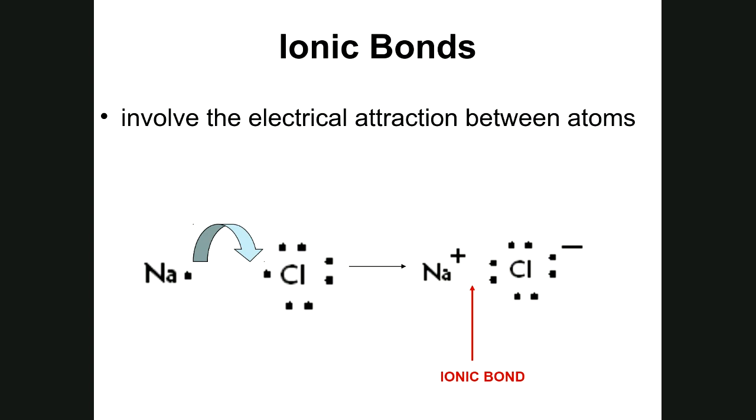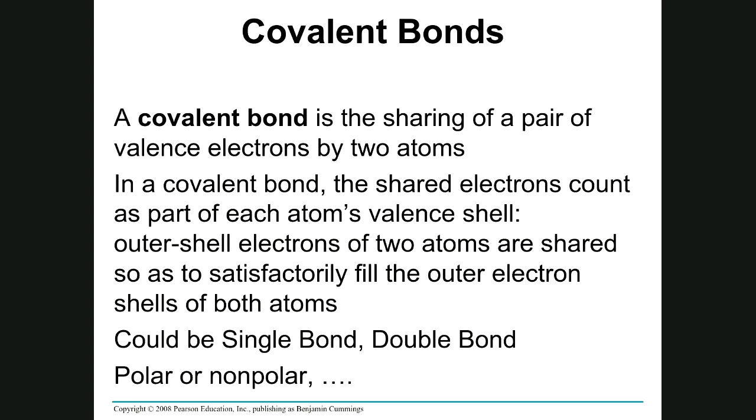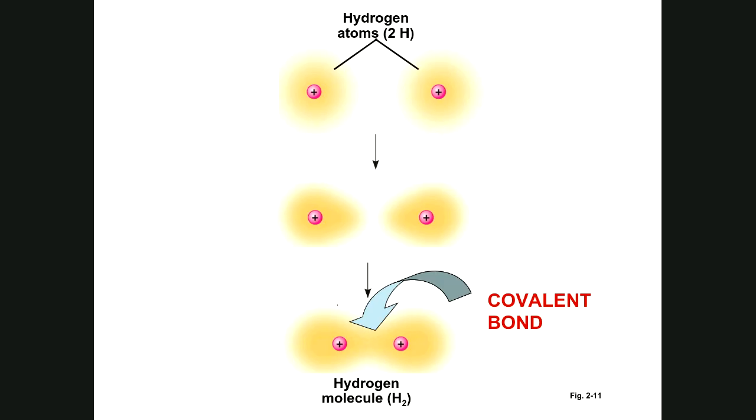Covalent bonding is the sharing of a pair of valence electrons by two atoms. They can be single, double, polar, non-polar. For example, between two atoms that have the same property, hydrogen and hydrogen.